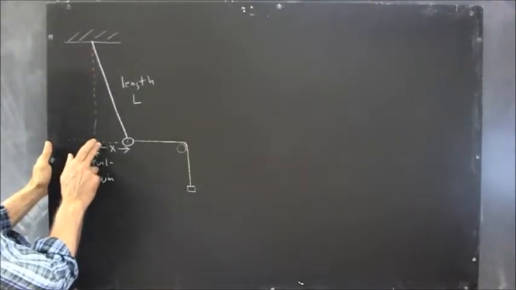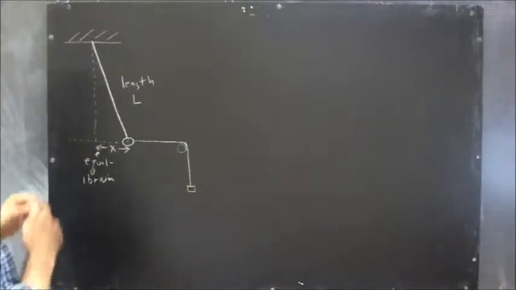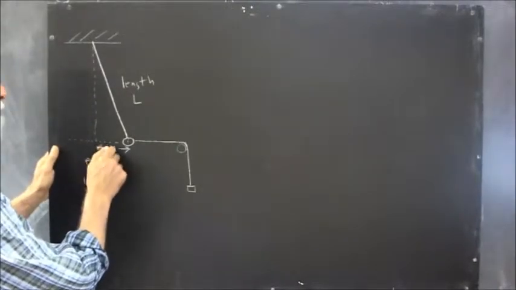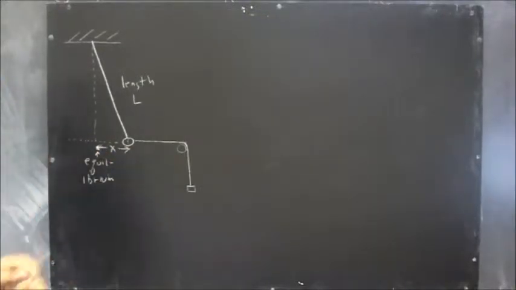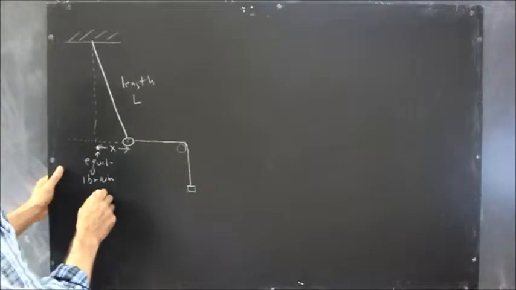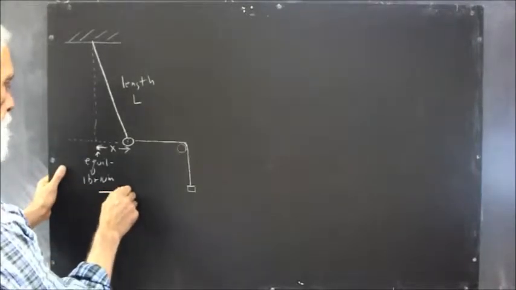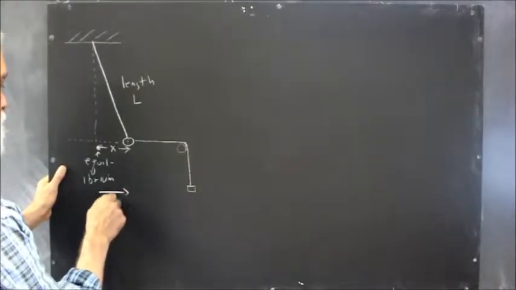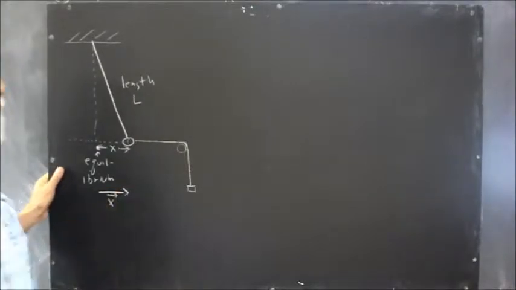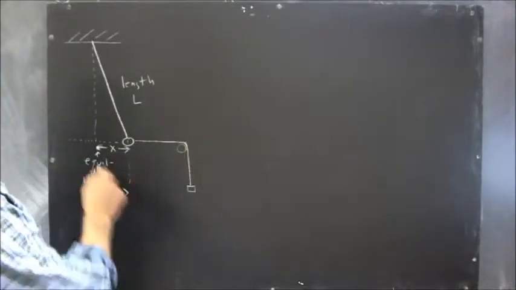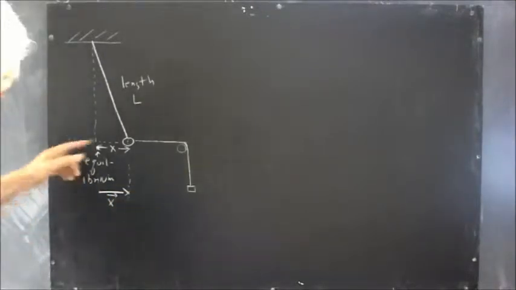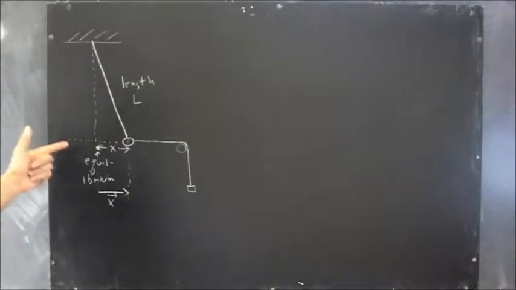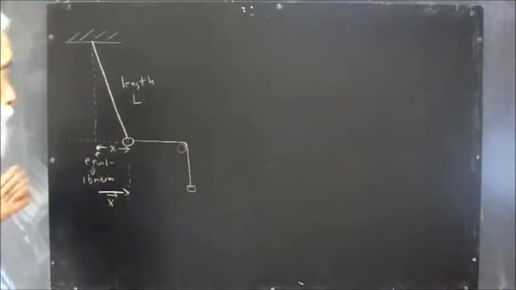I'll leave x as it is, but then down here I'll make the vector x. So x has a direction, and basically the direction is to the right or to the left as we're looking at the system.